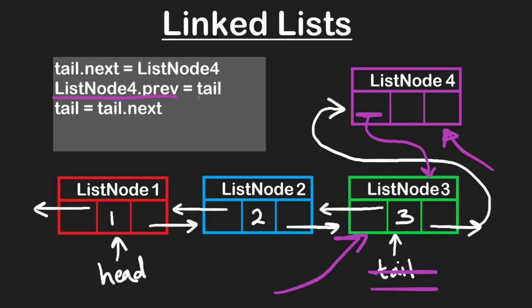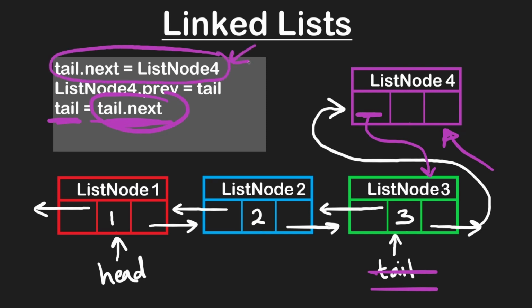But finally, in the end, we take our tail pointer and set it to the next node, which is going to be list node 4 from the assignment we did right here. The one thing to note is that the order we do these operations in is very important. We have to do this operation before we update the tail pointer.